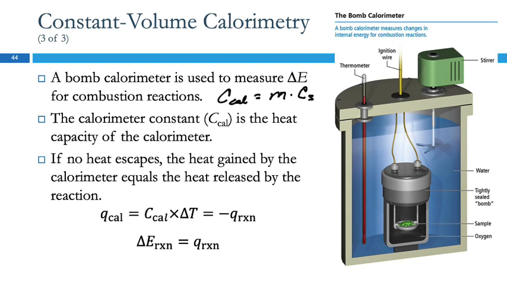So they generally lump those two together in one constant instead of multiplying by the mass all the time. So Q for the calorimeter is that calorimeter constant times the change in temperature, and that is equal but opposite in sign to the heat for the reaction. Delta E is the heat for the reaction. Any questions?